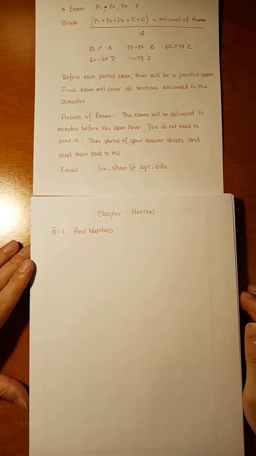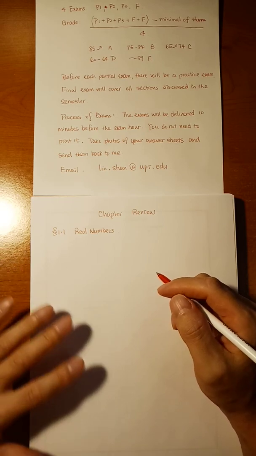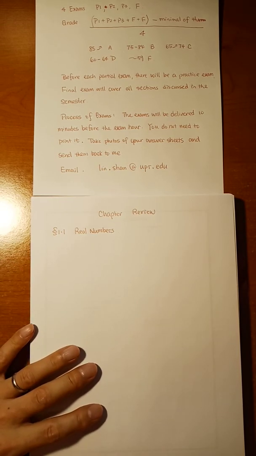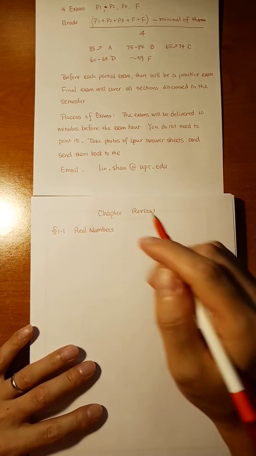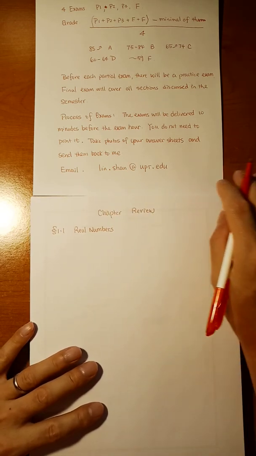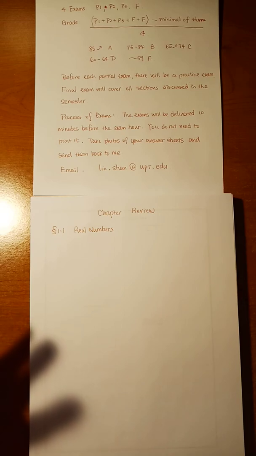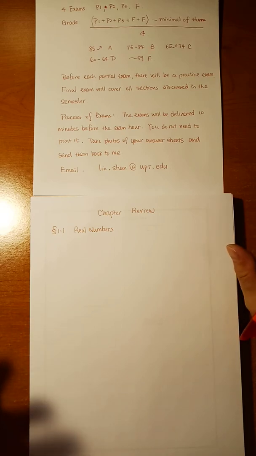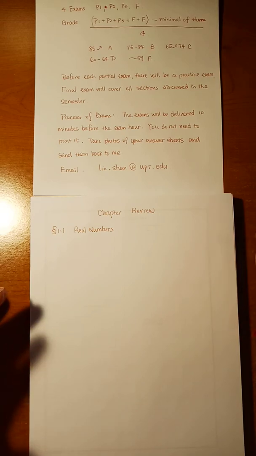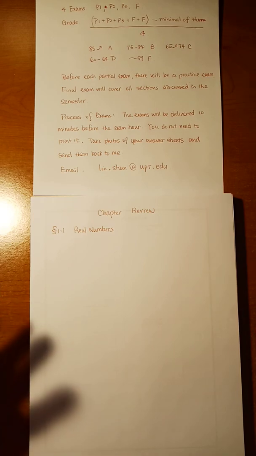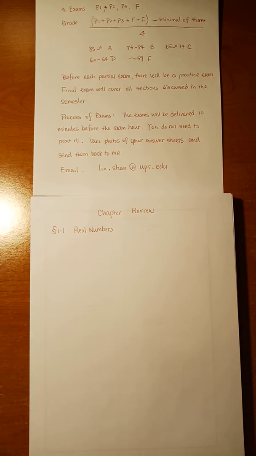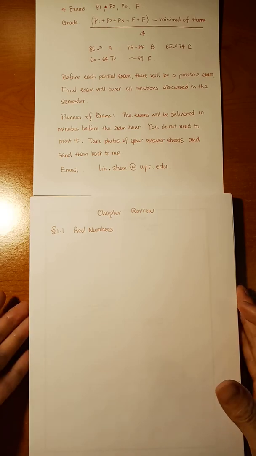Okay, the first review chapter, section 1. In this section, we possibly just collect the well-known notations and names. So it is not a brand new section. You possibly know everything I discuss, but still, let's collect them as a dictionary.